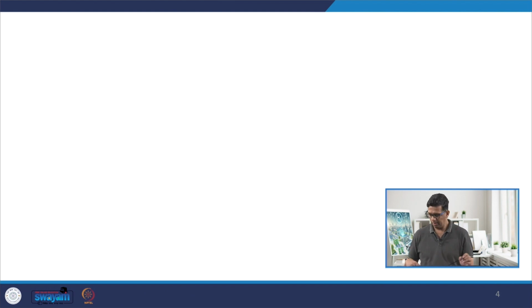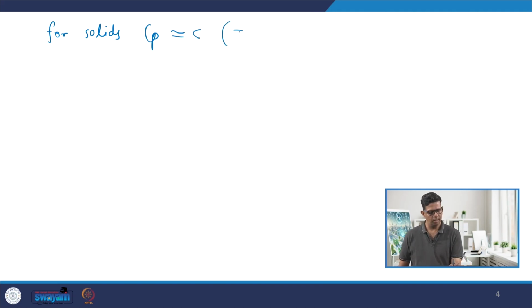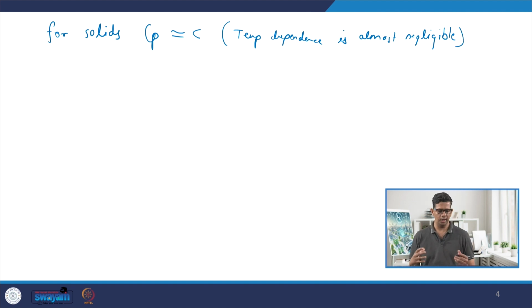Let me write this up: for solids, the Cp term is merely constant, it does not depend much on temperature. The temperature dependence is almost 0, or almost negligible, because as we increase the temperature the energy content increases, whereas this phenomenon does not happen much in the case of solids and liquids, and that is why the heat capacity almost remains the same.